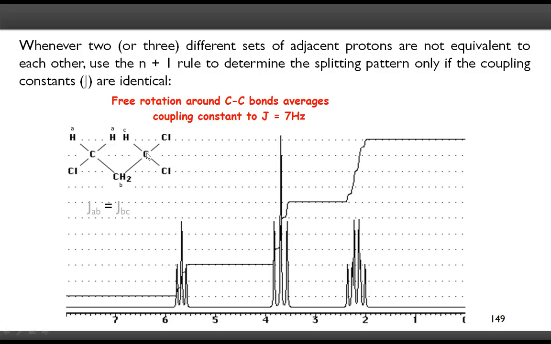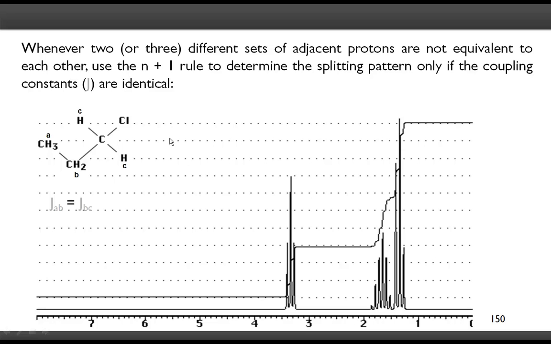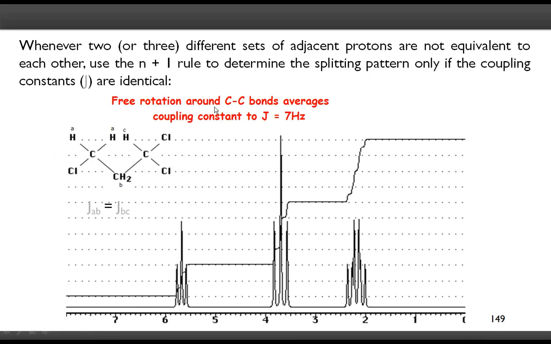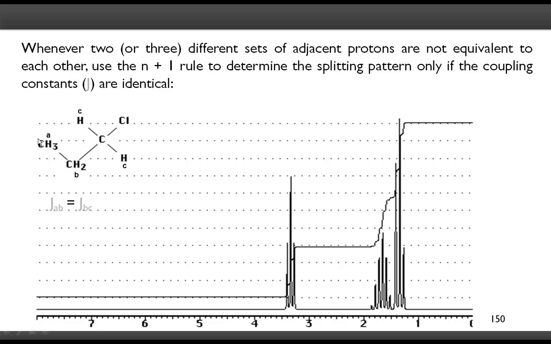So what is the condition here? Of course, there should be free rotation around the carbon-carbon bonds. And whenever two different sets of adjacent protons are not equivalent to each other, we can still use the n+1 rule to determine the splitting pattern only if the coupling constants are identical. It's just the same as the previous slide. They're chemically different, this CH3 and this CH2, but they couple to the same extent here, so they can be totaled into 5, and then 5 would split this CH2 in 6 ways, so you get a sextet for that CH2, and the rest is again the same thing.